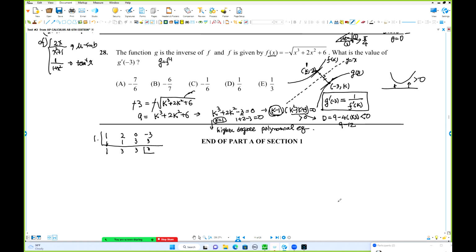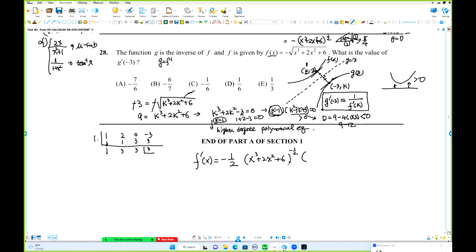Now take the derivative, f prime of x. This is exactly equal to negative x cubed plus 2x squared plus 6 to the 1 half, in exponent form. Put the negative 1 half in front. So negative 1 half times the quantity x cubed plus 2x squared plus 6 to the minus 1 half, minus 1.